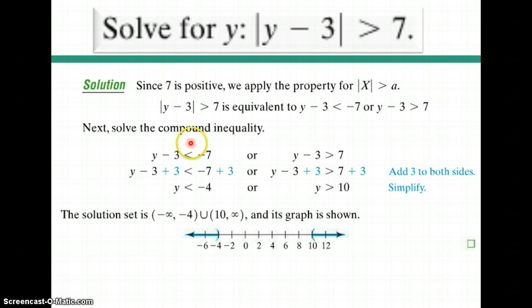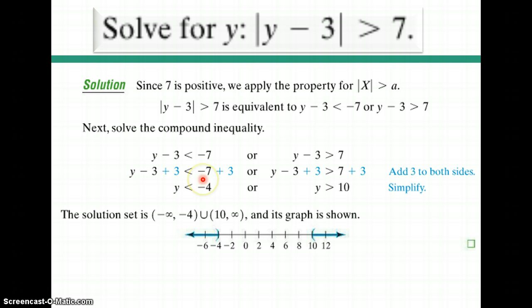Solving the two in compound inequality, y minus 3 less than minus 7, or y minus 3 greater than 7.